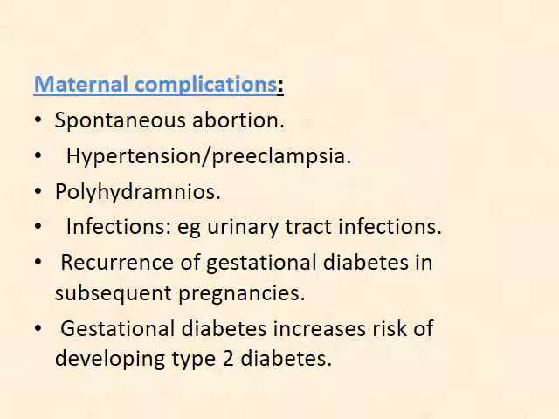Maternal complications like spontaneous abortion, stillbirth, hypertension, preeclampsia, polyhydramnios, urinary tract infections, and recurrence of gestational diabetes in subsequent pregnancy. Gestational diabetes increases the risk of developing type 2 diabetes.